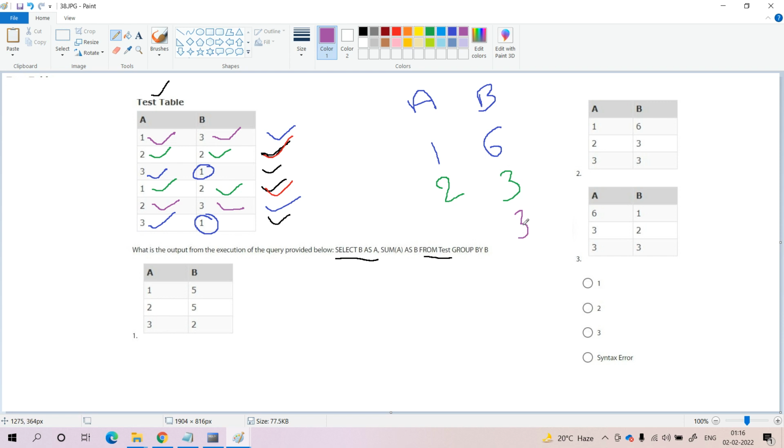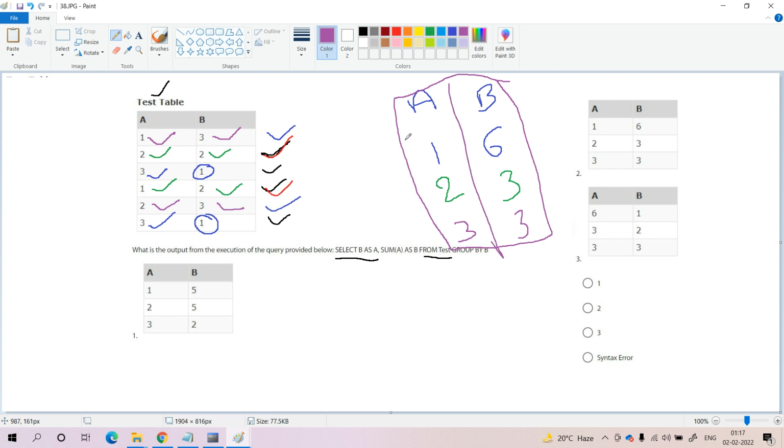And for this group, we are getting 3, that related group value we need to take in the A. So 3 we need to take in the A. This is the updated table we are getting after executing the query.